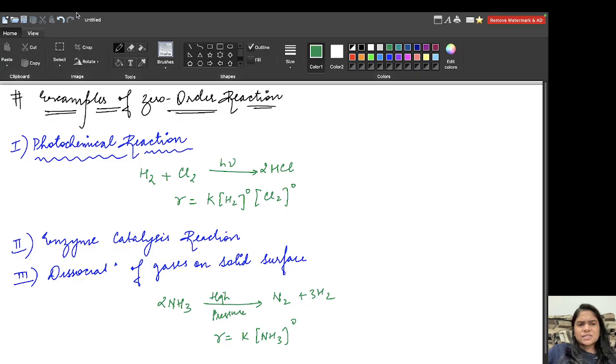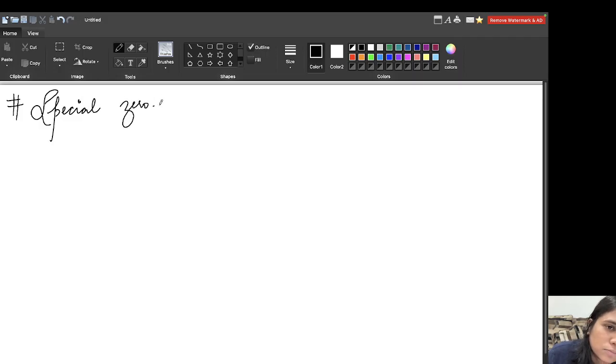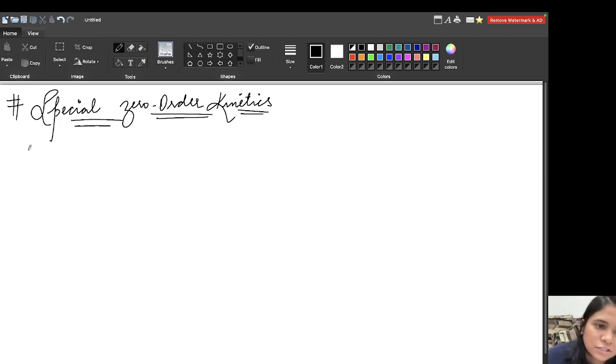Next, a small topic is left of zero order reaction, which is special zero order kinetics. Let us do one thing: directly try to understand this concept from a question.